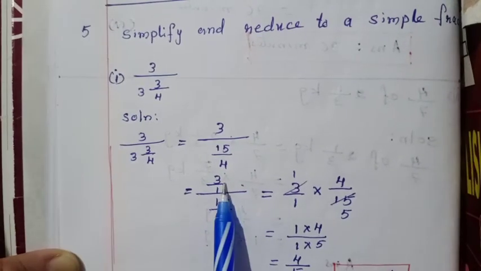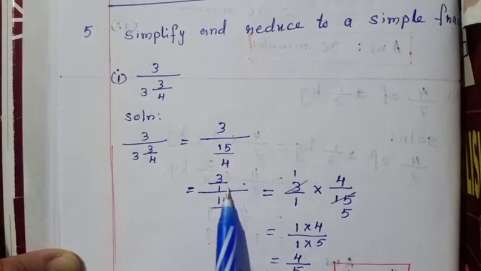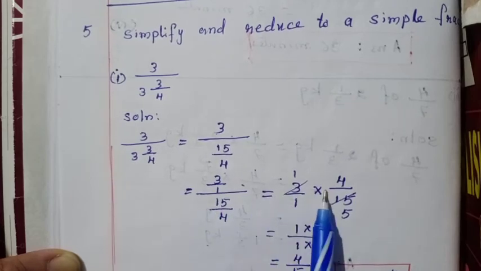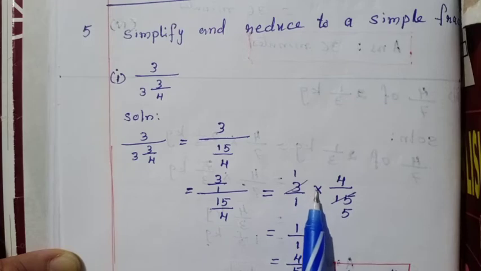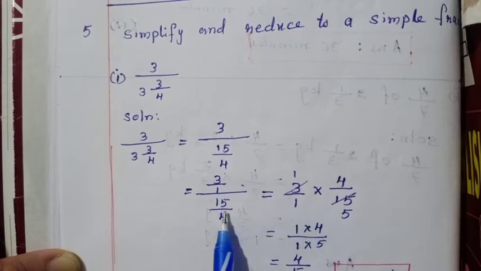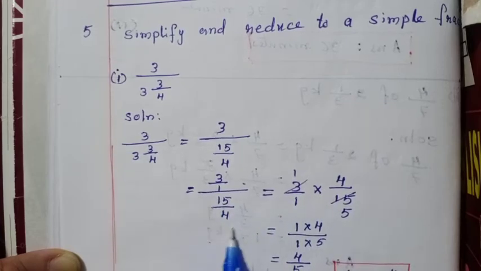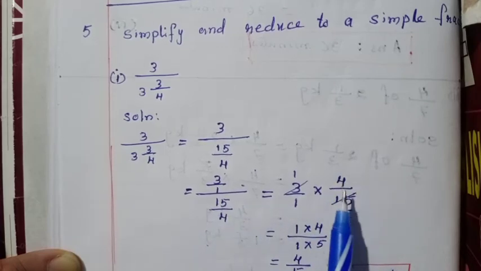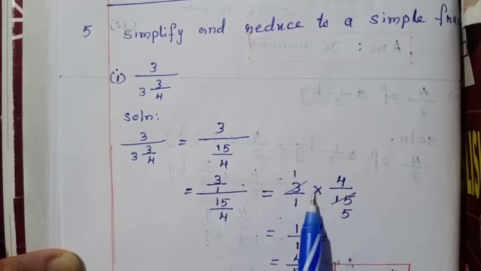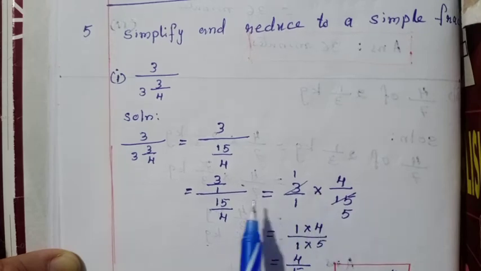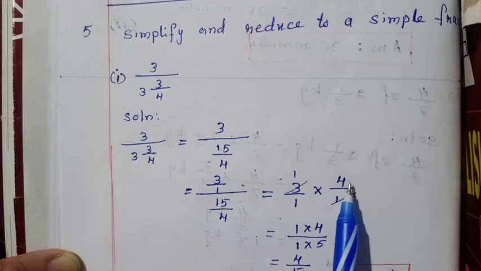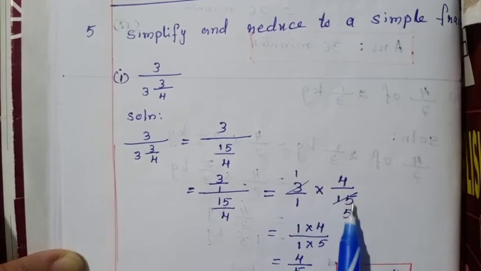The numerator is 3 by 1. This is a division symbol, so we convert division into multiplication. Then the denominator 15 by 4 we write in reciprocal form; 15 by 4 reciprocal means 4 by 15. Then 3 by 1 into 4 by 15.